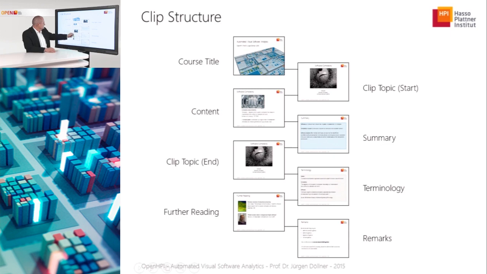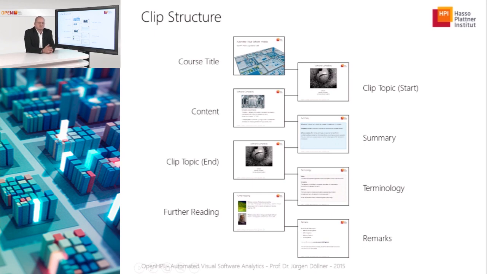Then this is the clip topic end slide, and after this slide, we have typically 1 or 2 slides with terminology introduced, that is definitions of certain terms. We provide further reading hints, and at the end I will give my personal remarks for each of the topics of each clip.